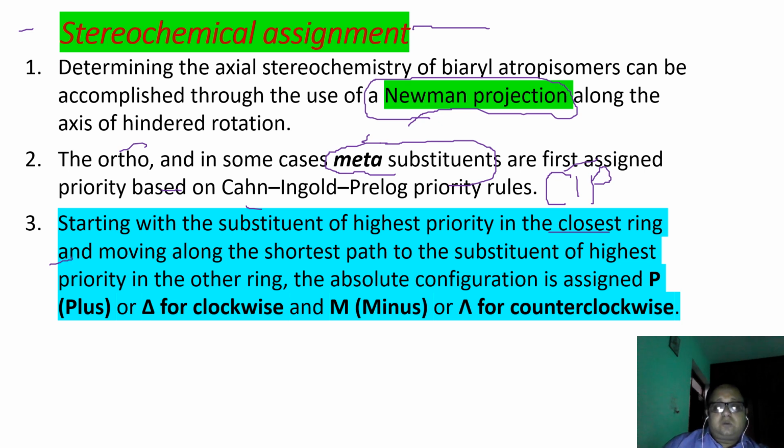There are 2 rings in biphenyl, so one nucleus or ring is closest to the viewer. We consider the substituent of the highest priority in that nucleus and move towards the substituent of the highest priority in the other ring.